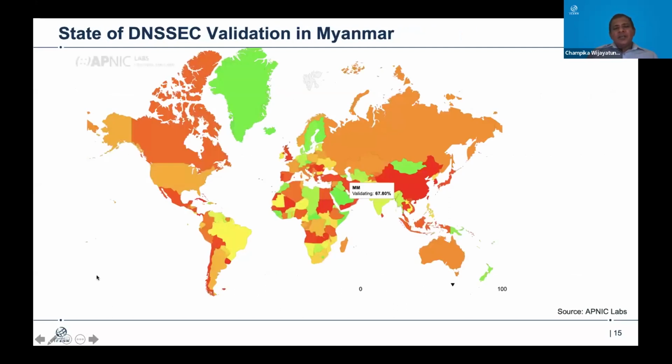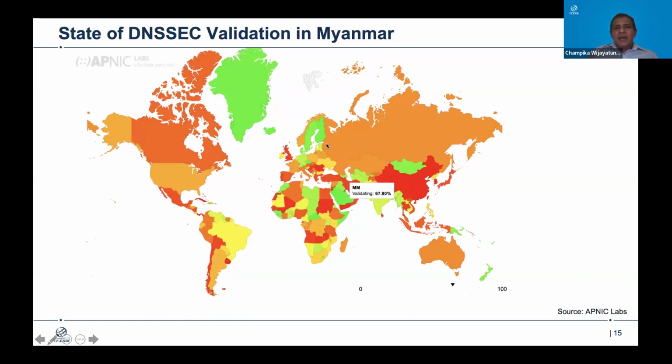I also want to show you some statistics on how Myanmar is doing in terms of validation. You can see here that Myanmar is in light green, which is good, compared to many countries in the world, which are in the red or orange zones. Again, these stats are based on APNIC Labs statistics.